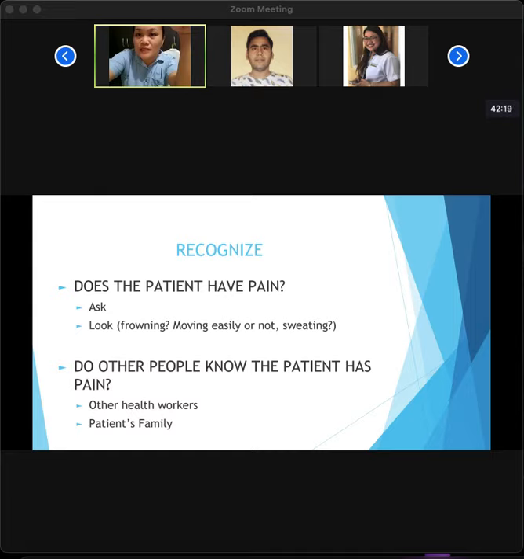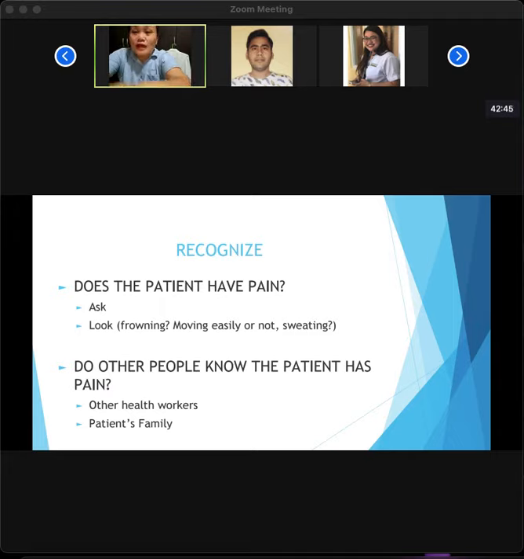So, 1, BP, heart rate, RR, temperature, SpO2, or O2 saturation. So, please include your pain as your fifth vital sign. Okay? You have to ask every patient if she's in pain or not. Okay? Kasi it's very important to address your pain.